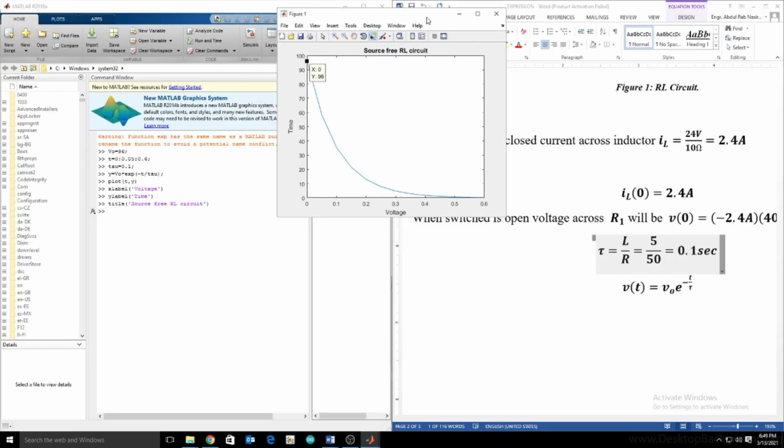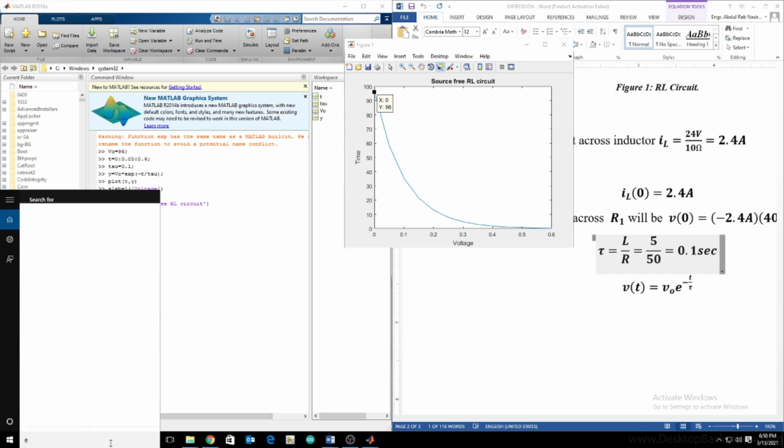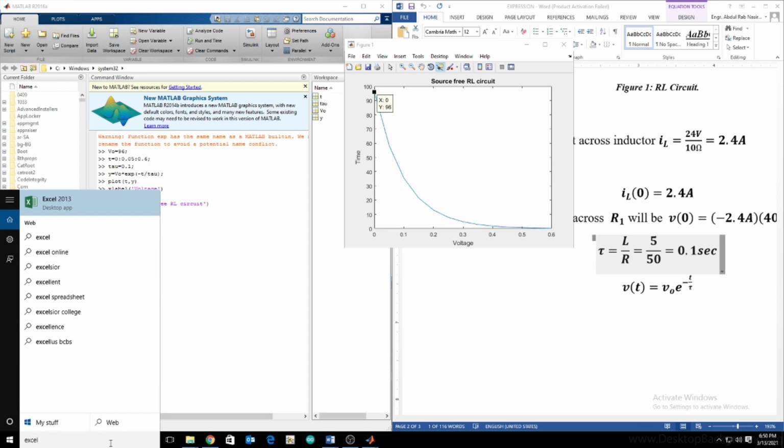So now we should find the voltage at the time constants: 1 tau, 2 tau, 3 tau, 4 tau and 5 tau. 1 tau is basically 0.1, and to show how I know this, let's open an Excel file.